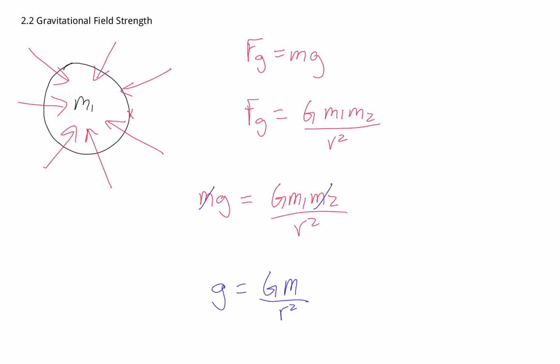So in this case, the mass that we're talking about is the mass of the planet, the Earth, or whatever it is, that has the gravitational field strength. The G number is still the same, and our distance is obviously whatever distance you are away from the center of that object.